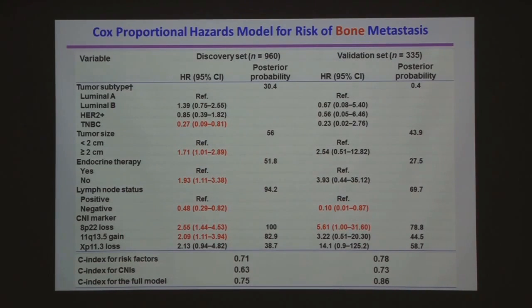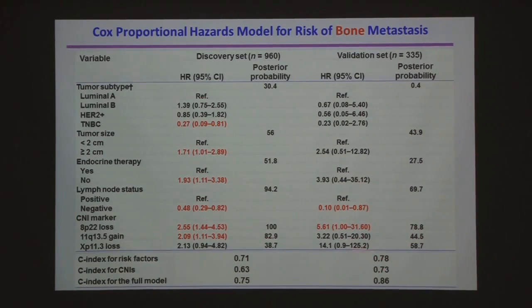So there still needs to be a lot more work where we can bring this index up, maybe to higher than 80% or more, where we could say, okay, if we were going to test your sample at the time of diagnosis, right now with just the data we have, we could be about 75% sure that if you had some of these characteristics and these particular markers, you might be in that high-risk subgroup.